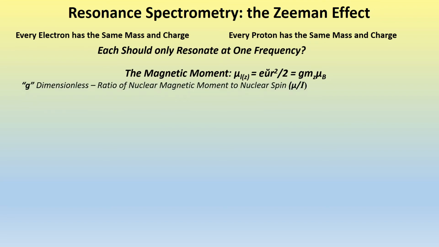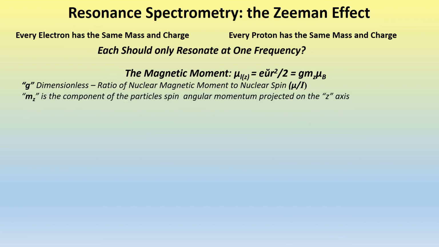What you may not know is that nucleons also have spins of half. The entire nucleus has a net spin, I. M sub I is the possible states relative to the z-axis for the entire nucleus. M sub I can span from plus I to minus I.